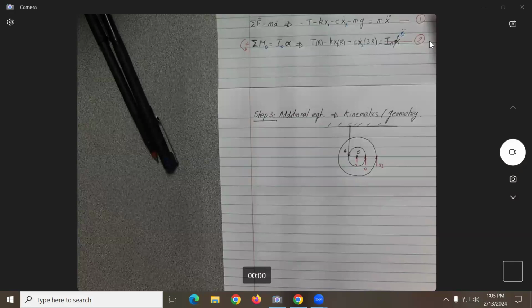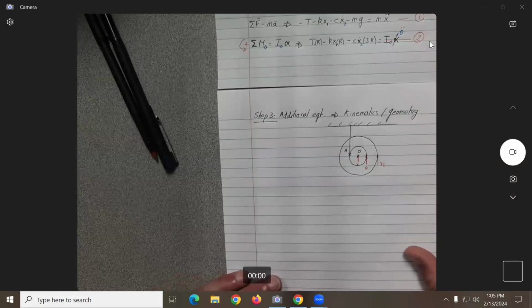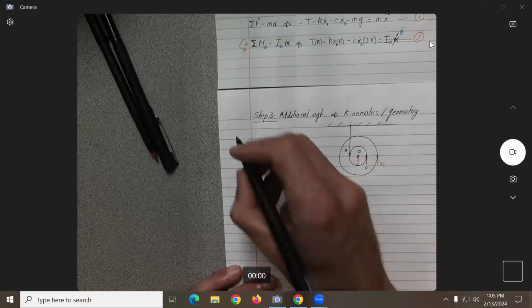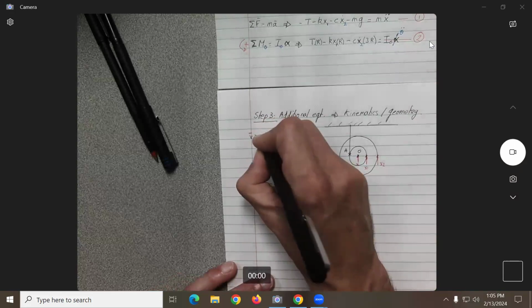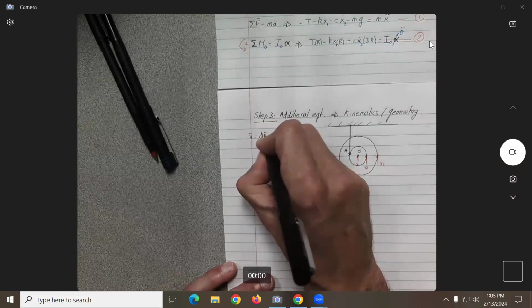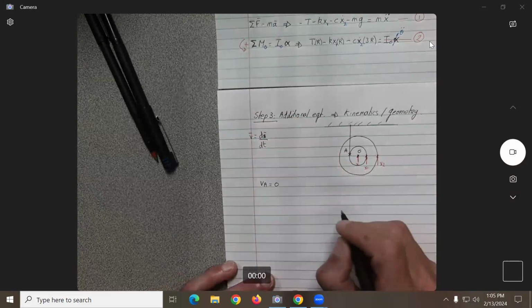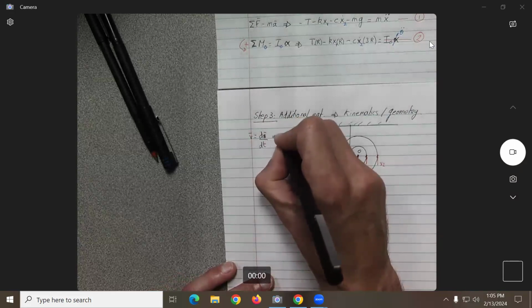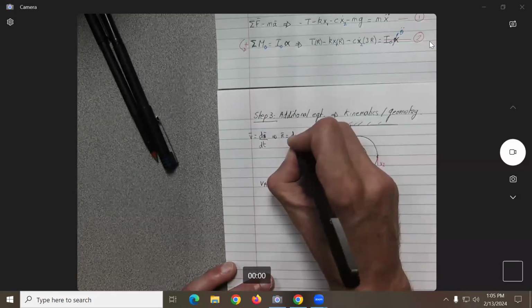Okay, so let's do it the complicated way. It's for understanding. So what I'm trying to do is, velocity equals dR/dt, where R is the deformation.